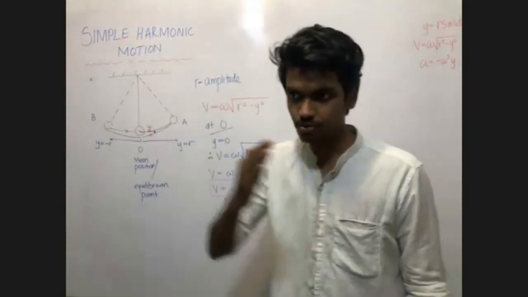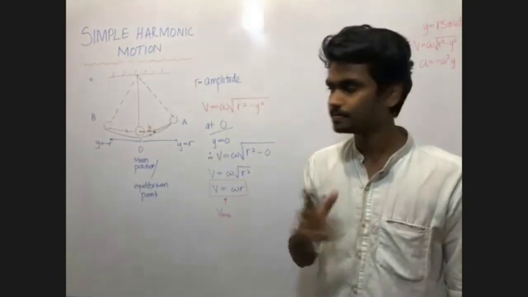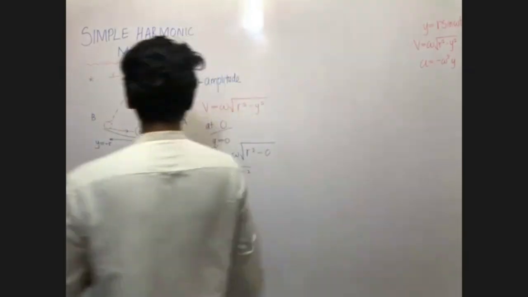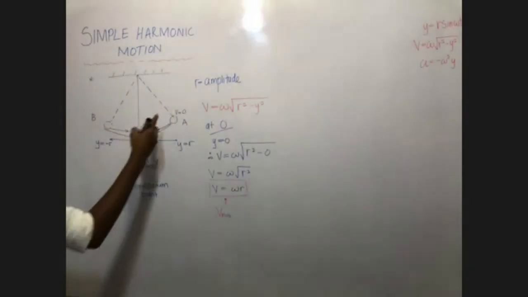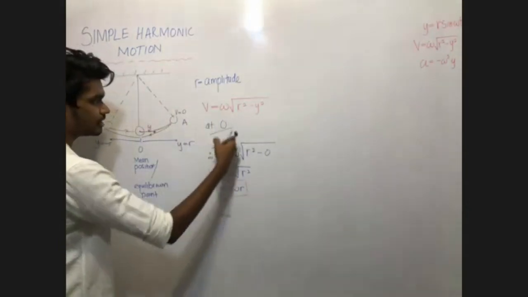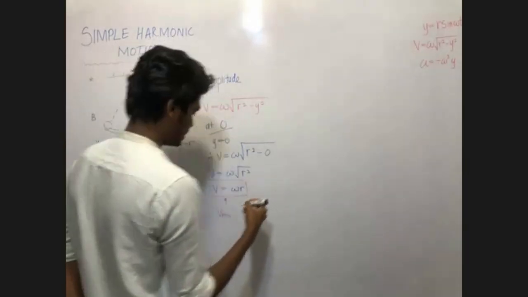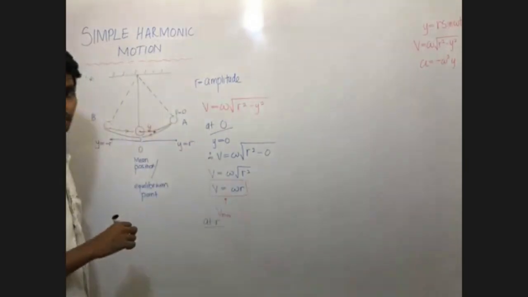So it should go, it should stop, and once again it should return back. So the velocity is minimum at which point? Here the velocity is 0 at the amplitude. So let's go to the amplitude, at r.